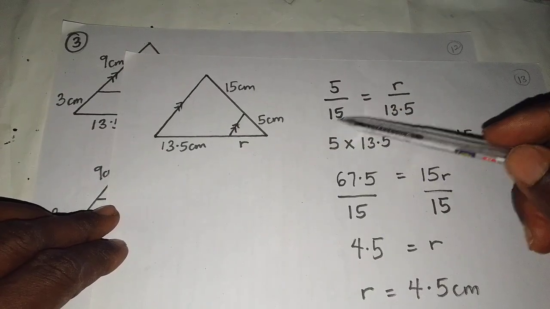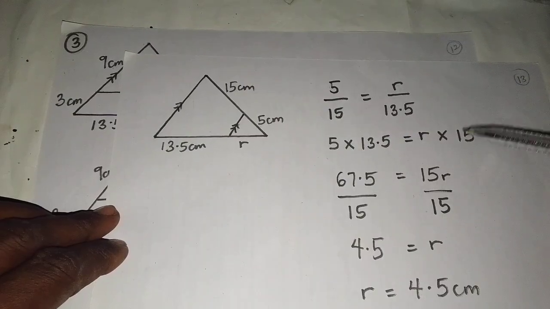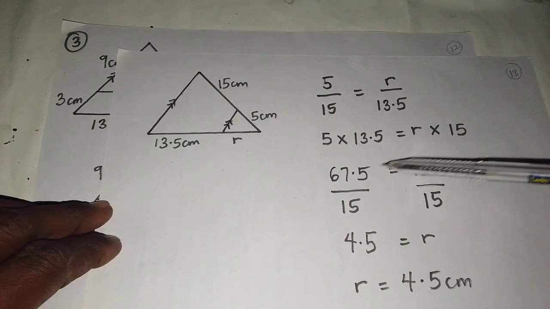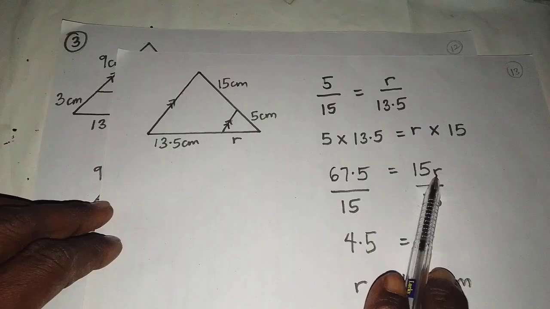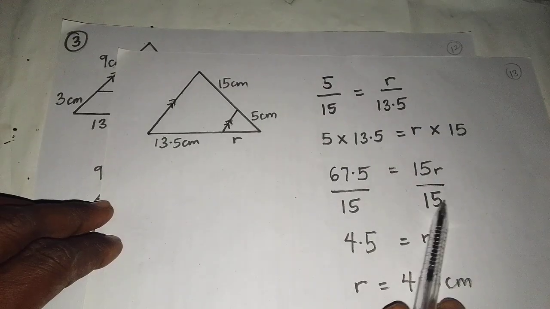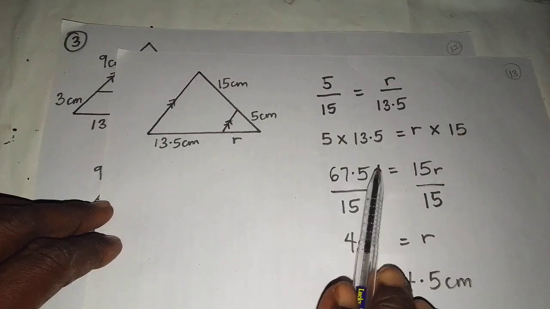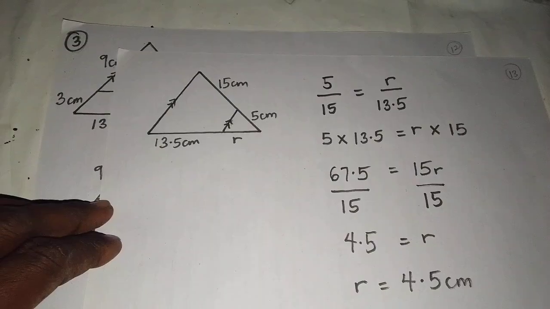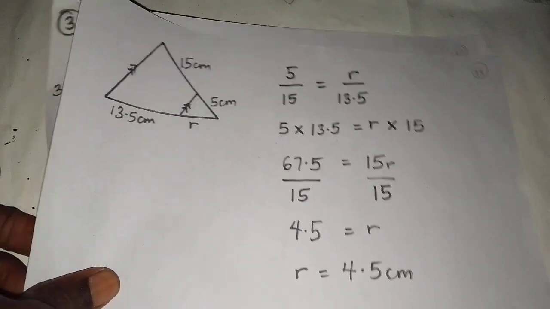From here we will cross multiply. 5 times 13.5 is equal to R times 15. 5 times 13.5 gives us 67.5, is equal to 15R. To get R, you divide both sides by the coefficient of R, which is 15. So 15 here cancels, remaining what? R. 67.5 divided by 15 gives us 4.5. So the value for our R is 4.5 centimeter.